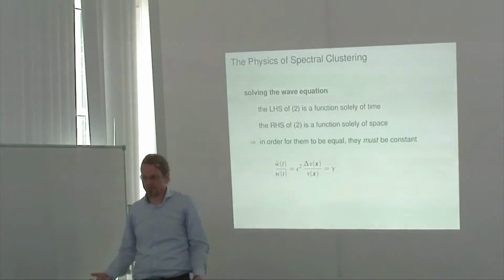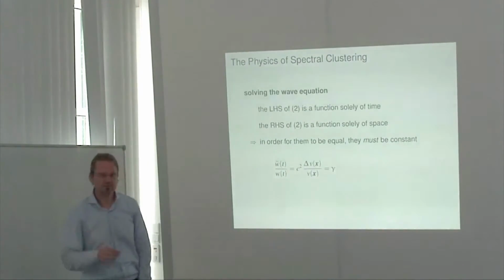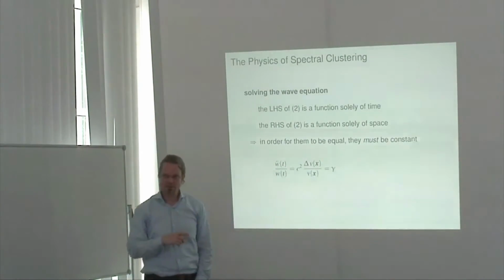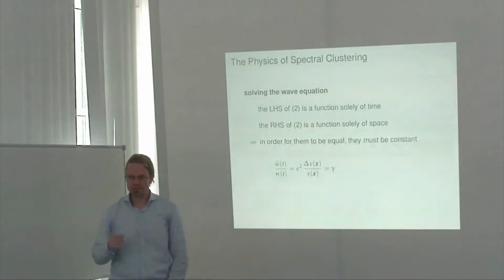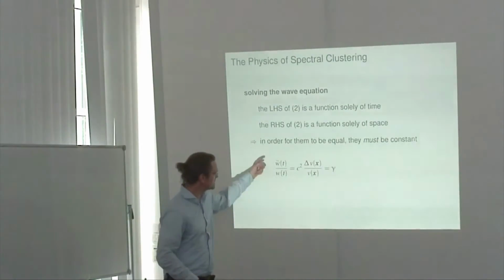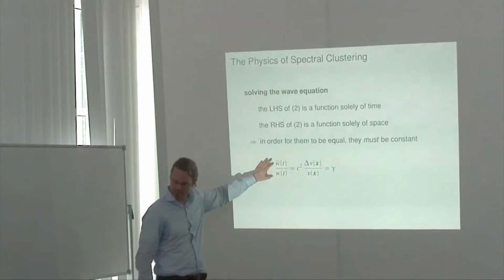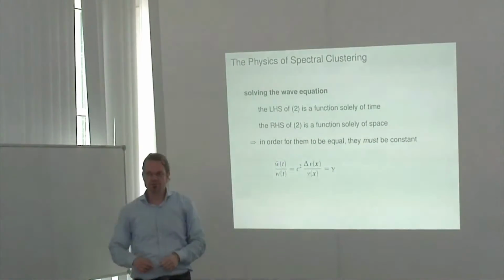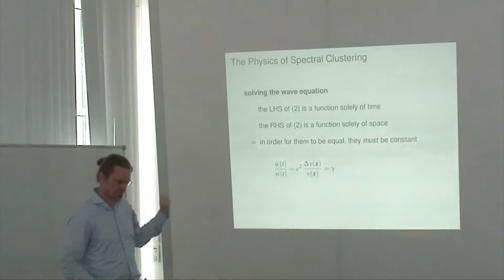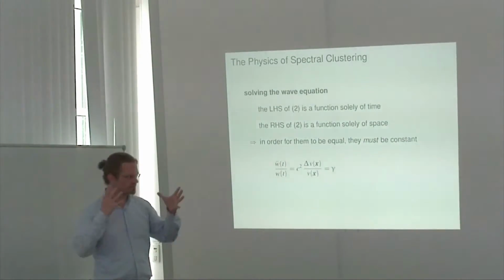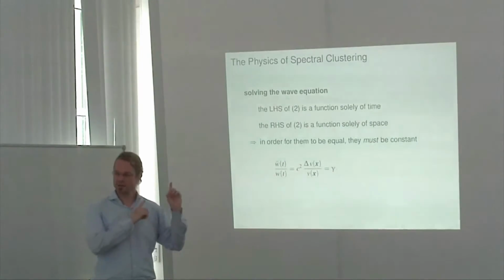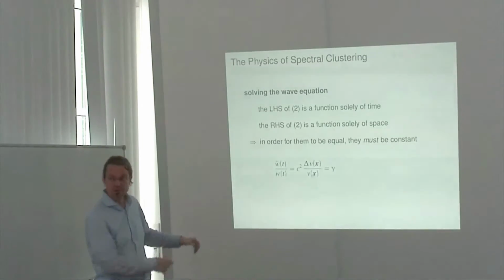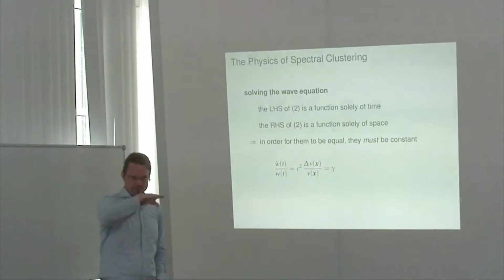There is no other way, right? Because they are two functions defined with respect to two different things, space and time, and they're supposed to be equal. The left-hand side is a rather complicated function of time. The right-hand side is a rather complicated function of space. But the wave equation tells us they are supposed to be equal, and that can only be the case if they are constant.